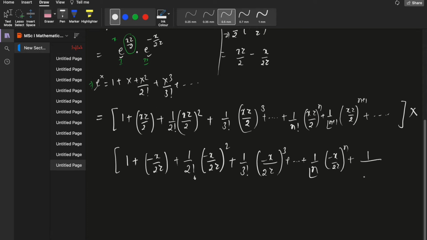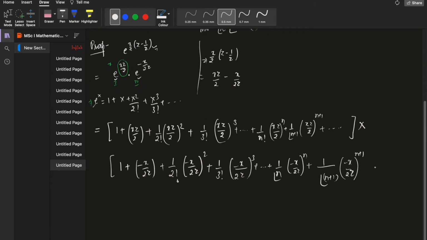Plus 1 upon (n plus 1) factorial, minus x upon 2z to the power n plus 1, plus the series goes on. So if we look closely, where can I find z to the power n?